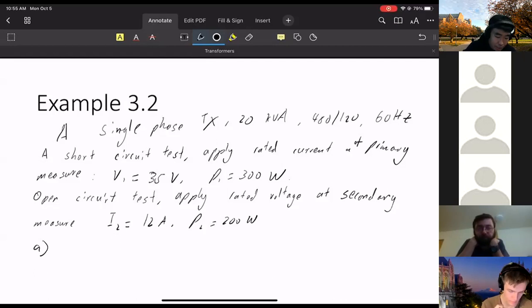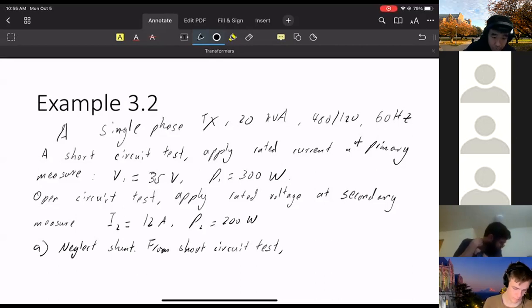So the first part, still neglect shunt. Shunt makes things a bit difficult, so let's say we have no shunt circuit in this. Then from the short circuit test, find R equivalent, X equivalent.